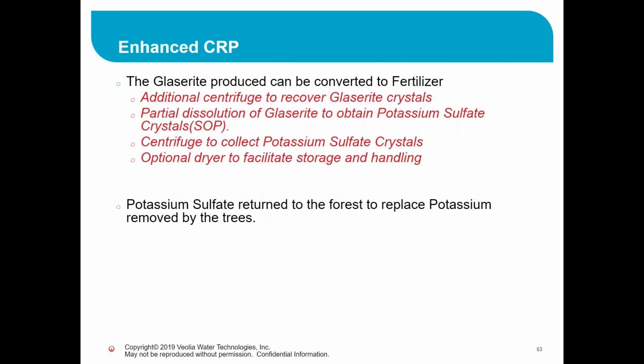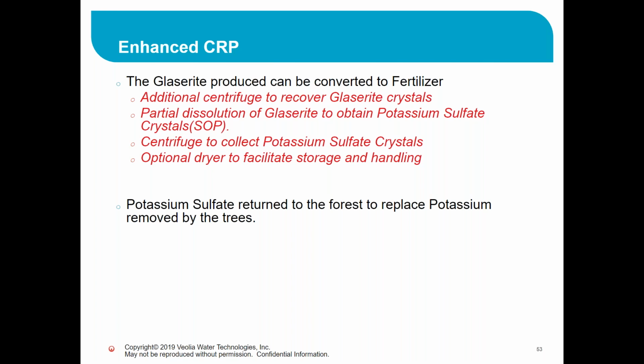This glaserite is mostly potassium sulfate. So what we can do is take this for a larger mill. It doesn't make sense for most of the smaller 1,000-ton-a-day mills, but when you get up into the larger mills around the world, you get enough glaserite that you can convert it into a fertilizer. What you do is you partially melt the sodium sulfate out of it, leave the potassium sulfate crystals back.